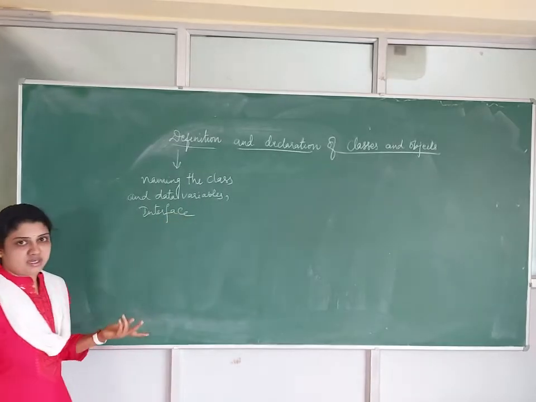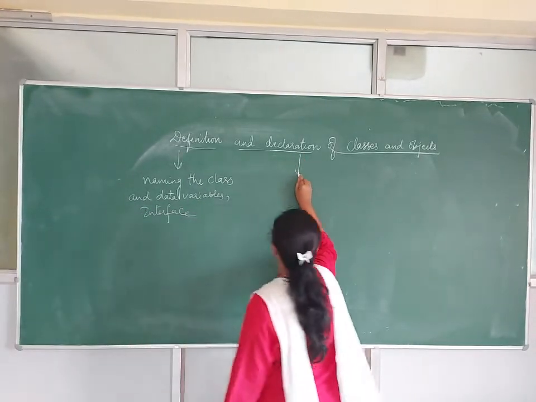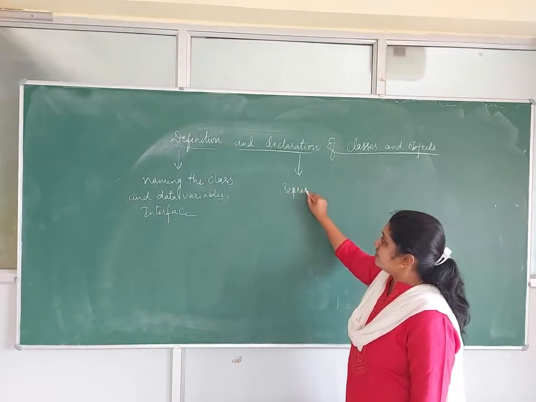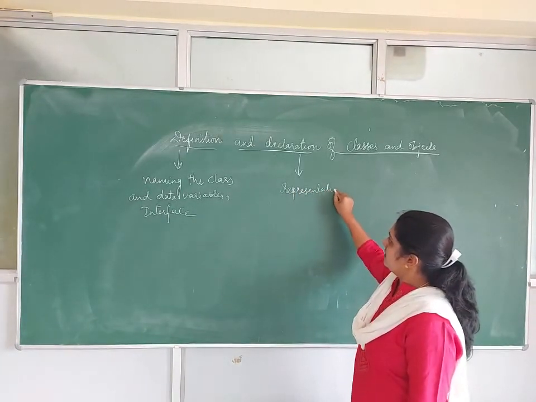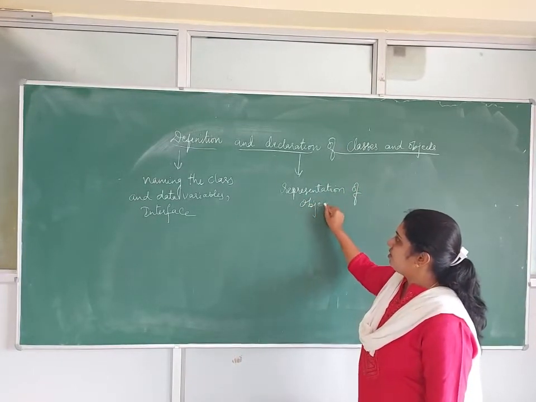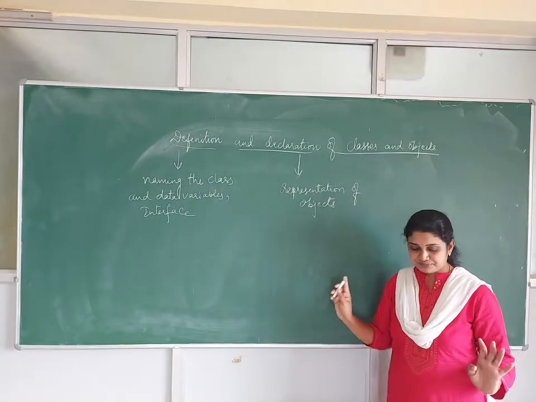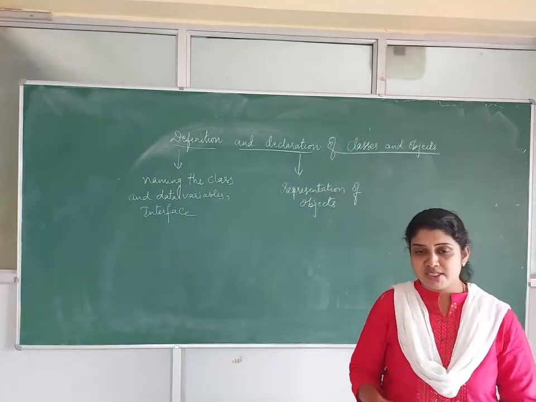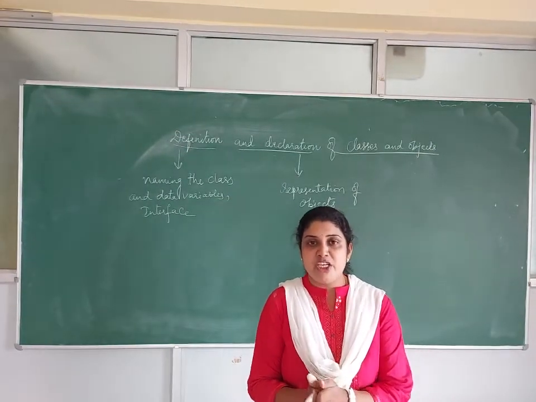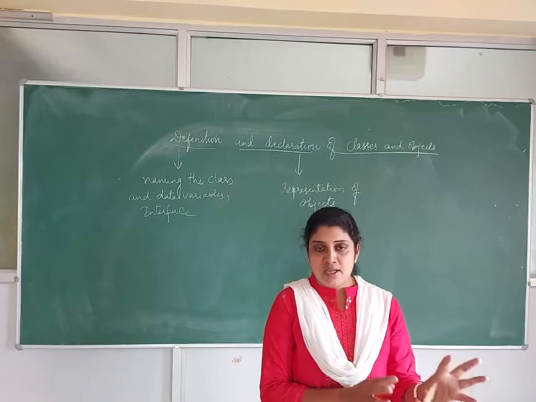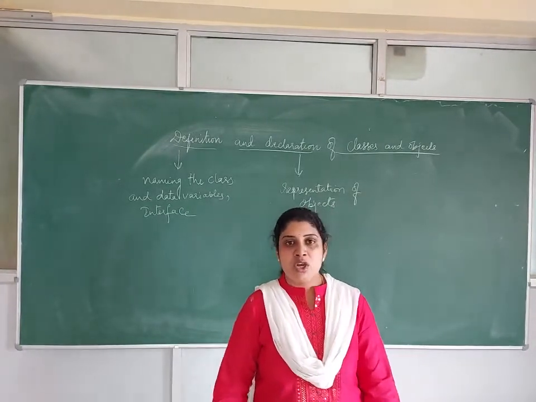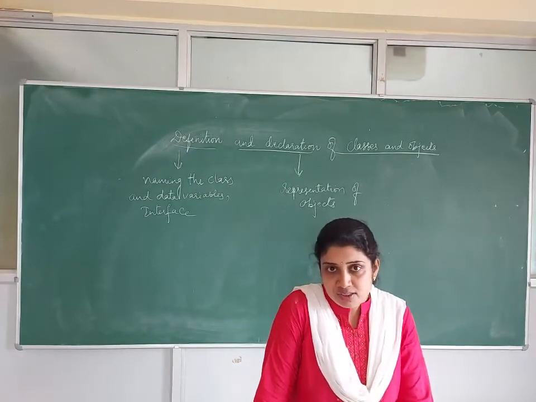So what about declaration? Declaration is mainly used for the representation of objects of the particular class. So class definition is mainly used for naming of the class and defining the data variables, and it is also used for the interface of the class.